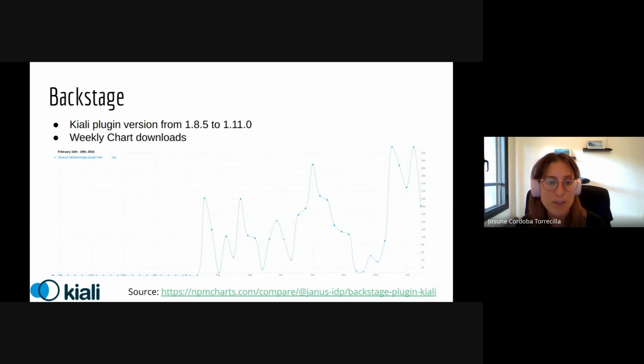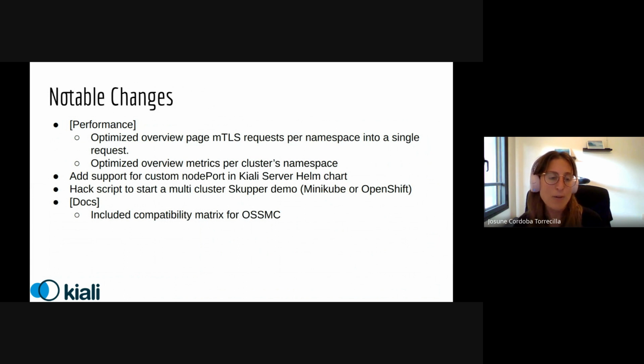And here we have some statistics about the Backstage NPM charts for the downloads of the plugin. As notable changes for this Kiali release, we have continued working on the performance epic. We have optimized the overview page for the MTLS request per namespace into a single request instead of having one request per namespace, and also optimized the overview metrics per cluster's namespace.